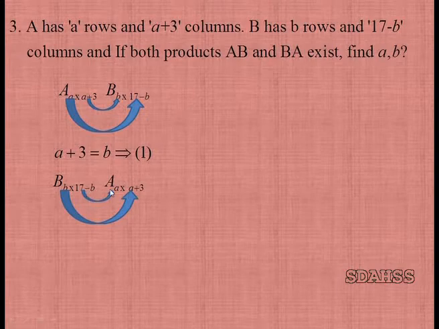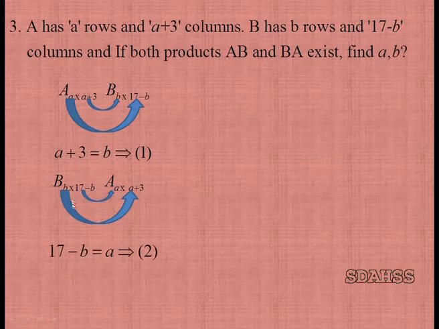Here in the question, the product BA exists. So the number of columns in B and the number of rows in A are both equal. So we can write 17 minus B is equal to A. Mark it as second equation.